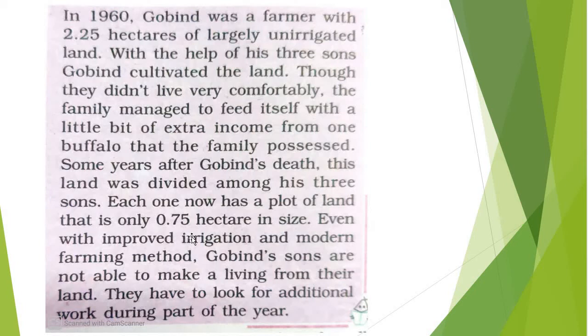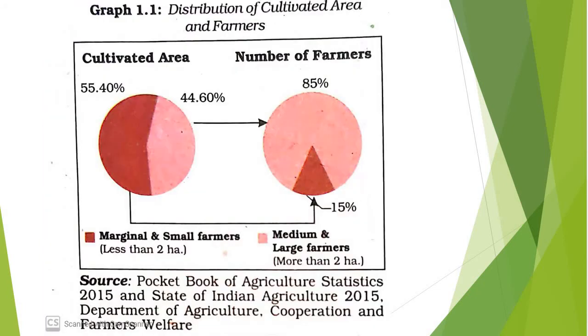They were not having a very good quality of life. So with this we can understand that due to a lack of other job opportunities and due to law of inheritance, the land distribution is getting smaller and smaller. The land holding is getting smaller. Now this is the data of India.